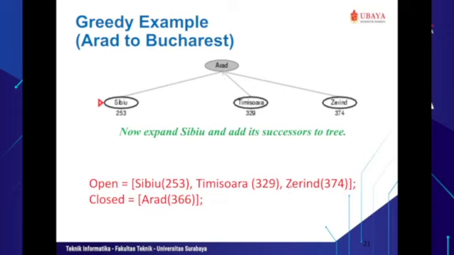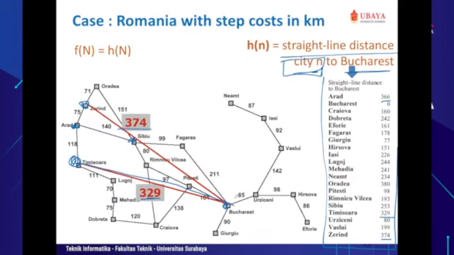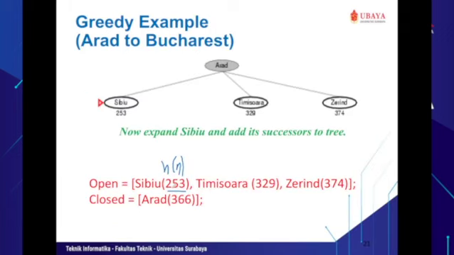So it will be like this one. From Arad, we can go to Zerind, Timisoara, and Sibiu. We will add Zerind with 253. Again, this is the heuristic value from Zerind to Bucharest, the straight line distance. So that's why we have 253 here. For Timisoara, the heuristic value from Timisoara to Bucharest will be 329.